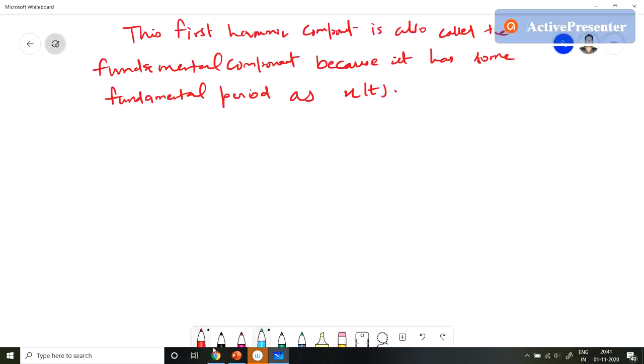So the coefficient ck and the angle theta k are called the harmonic amplitude and phase angle.